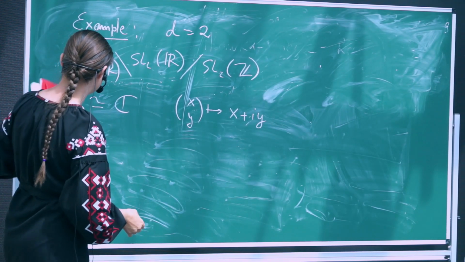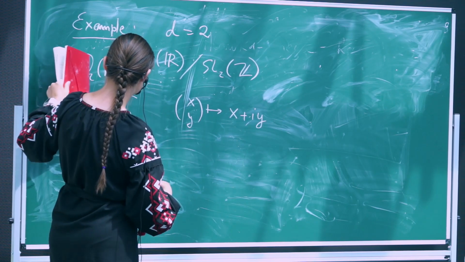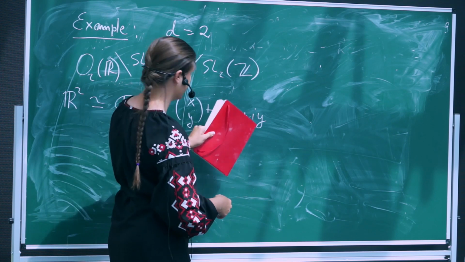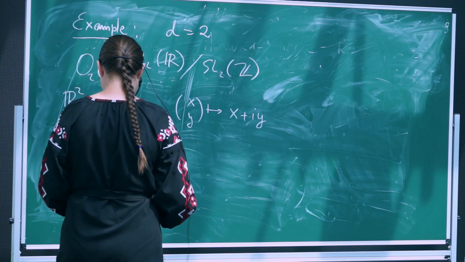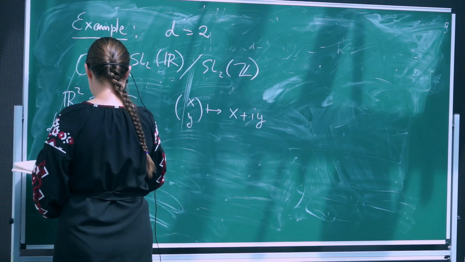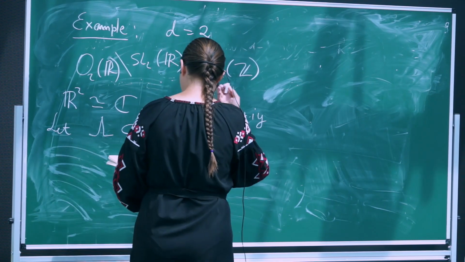Then the orthogonal group becomes reflection, which is complex conjugation, and also multiplication by complex numbers with absolute value 1. Before, we considered lattices of volume 1.